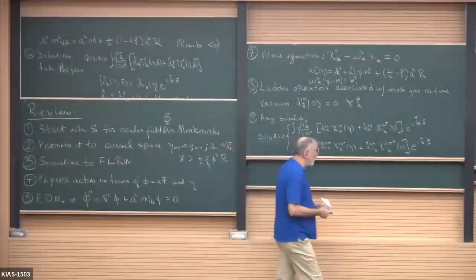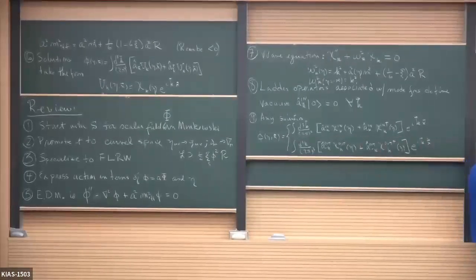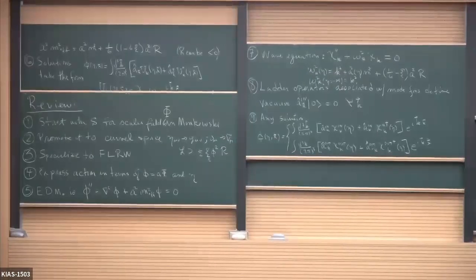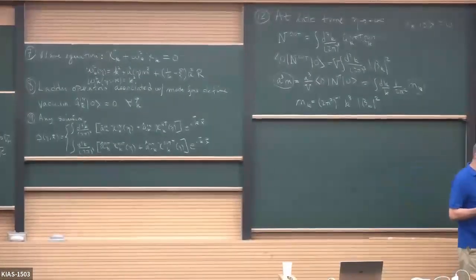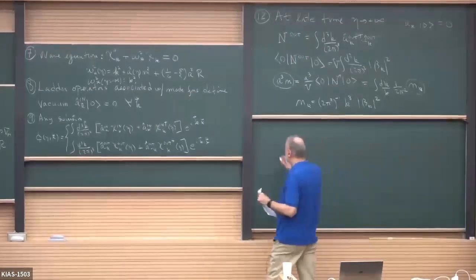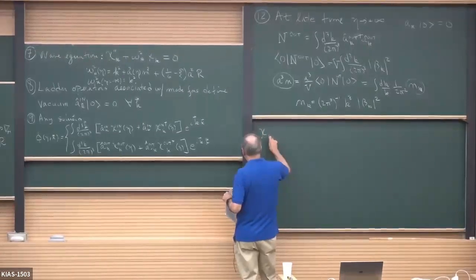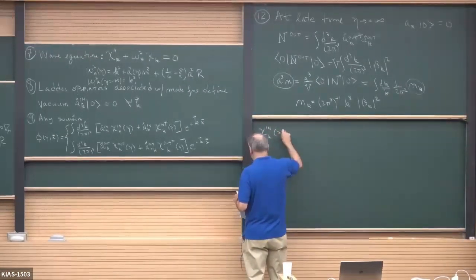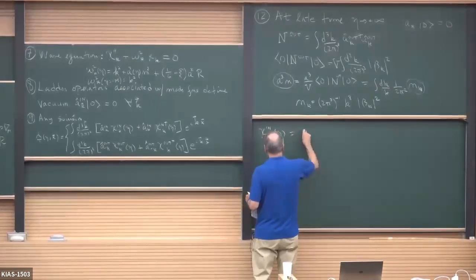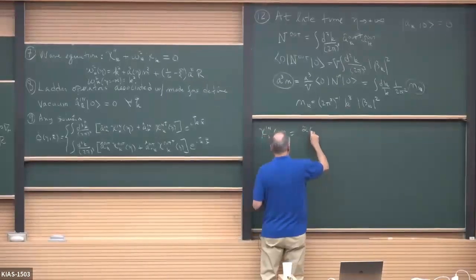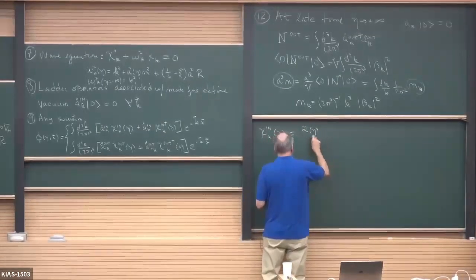Let's see, do I have any board over here? Yeah, look at that. So something I didn't mention last time is now I'm going to define new mode functions, and I'm going to define chi k in, which is a function of eta. I'm going to define an alpha tilde, which is not the Bogolubov coefficient.